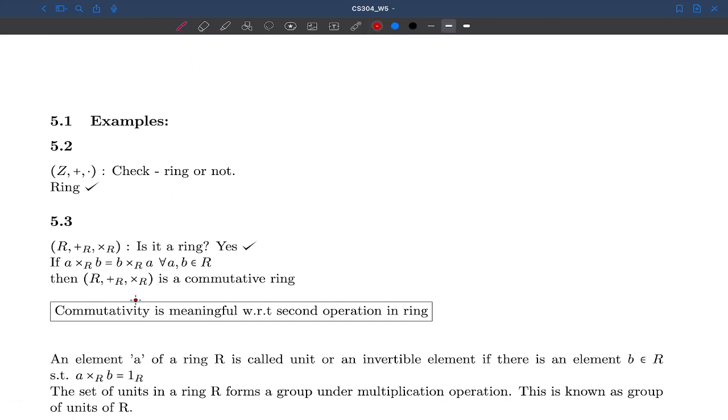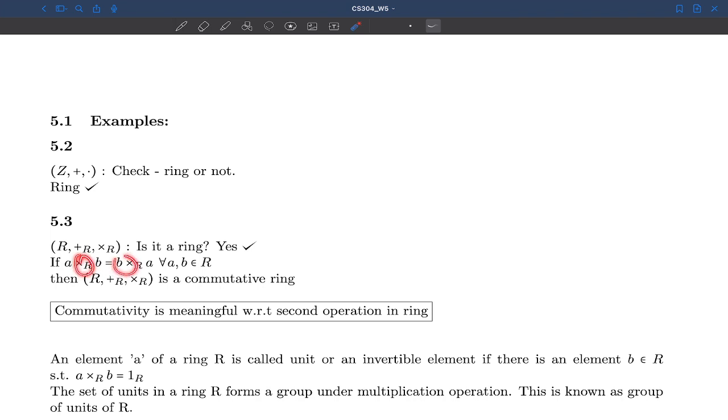Now one more thing: in groups we have defined the concept of commutativity. So in rings also we will define commutativity. In a ring, commutativity is meaningful with respect to the second operator only. So for a ring to be commutative, with respect to the second operator we need a star b equal to b star a.